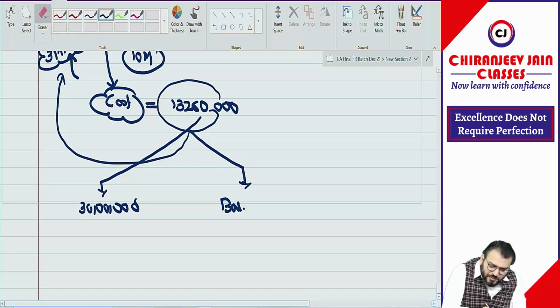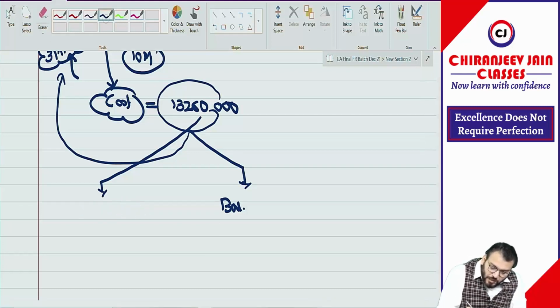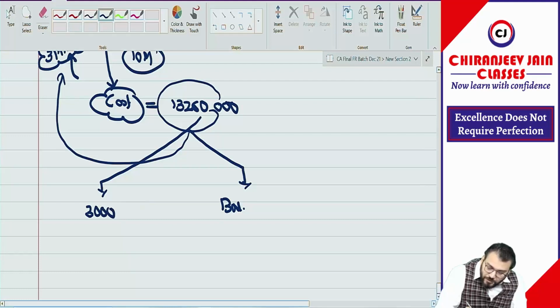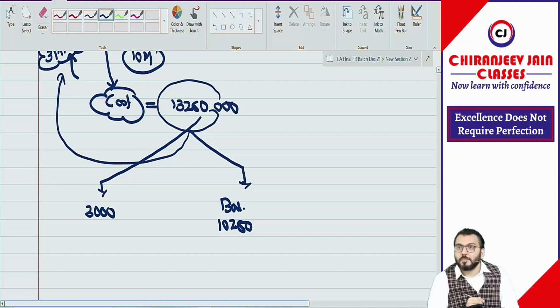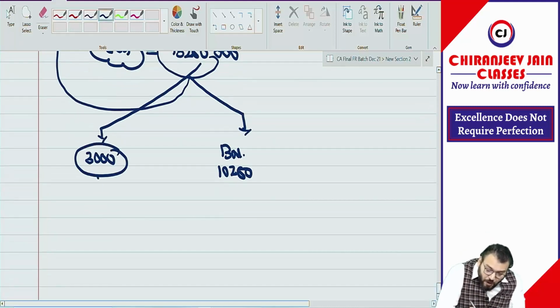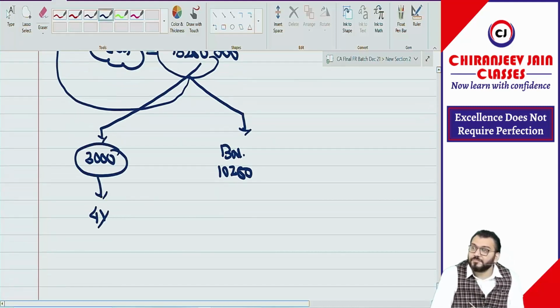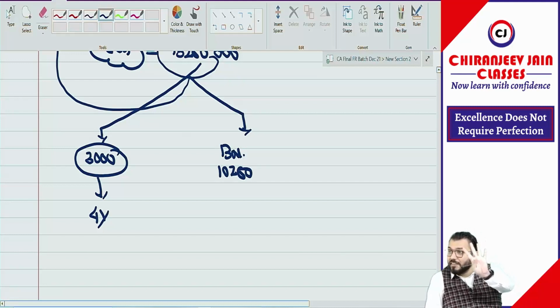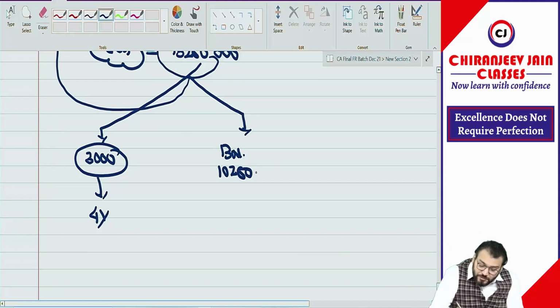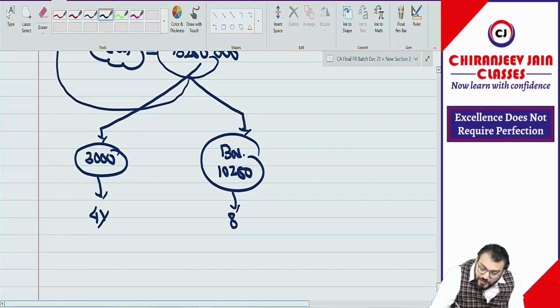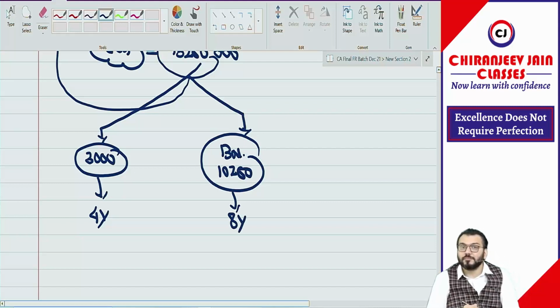Or we can say in this way, this is 3000. Now okay, 3000 now. So it will be 10,260 in thousand. Now this will be depreciated for how many years? 4 years, because 4 years of benefit will arise, and this will be depreciated for how many years? 8 years. Understood?